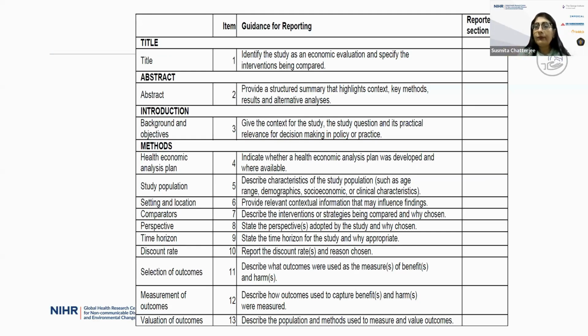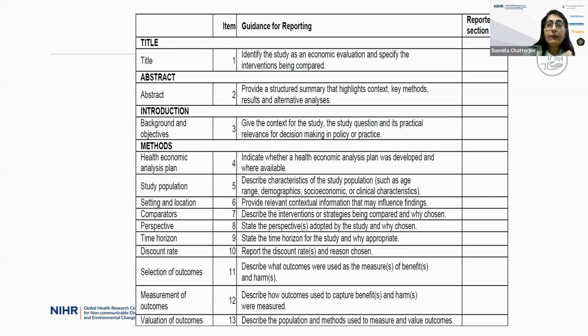And at the end, you actually have to give the checklist as an annex or something, as a supplementary material, so that the reviewers can check how well you did the analysis. And you have to mention where in your write-up you mentioned this. So the last column, as you can see, is talking about the reported in section where it was mentioned, okay?